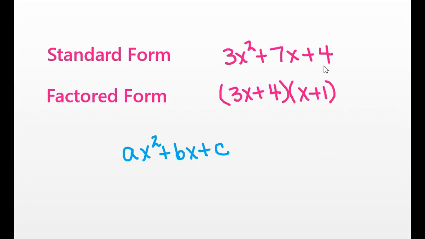In today's lesson, we will look more closely at how we can get from the standard form into the factored form, keeping in mind that these are equivalent expressions and they both represent the same area model. Notice that we are using the letters A, B, and C to refer to these coefficients in our standard form.